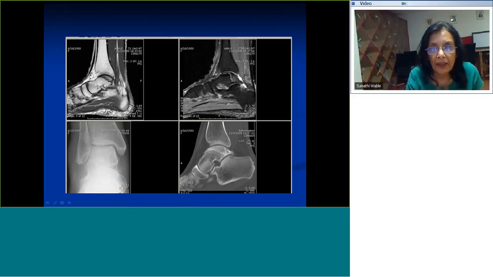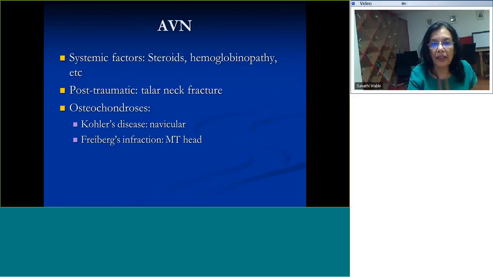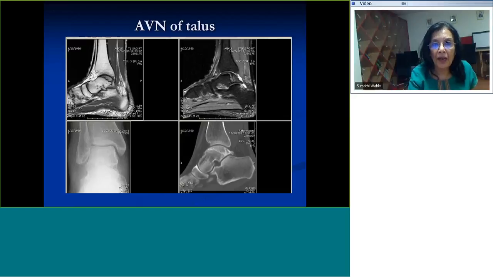Coming to avascular necrosis, there are several causes: systemic, steroids, patients with rheumatoid arthritis on steroids, and other causes, hemoglobinopathies, can get avascular necrosis. Talar dome is a typical location.